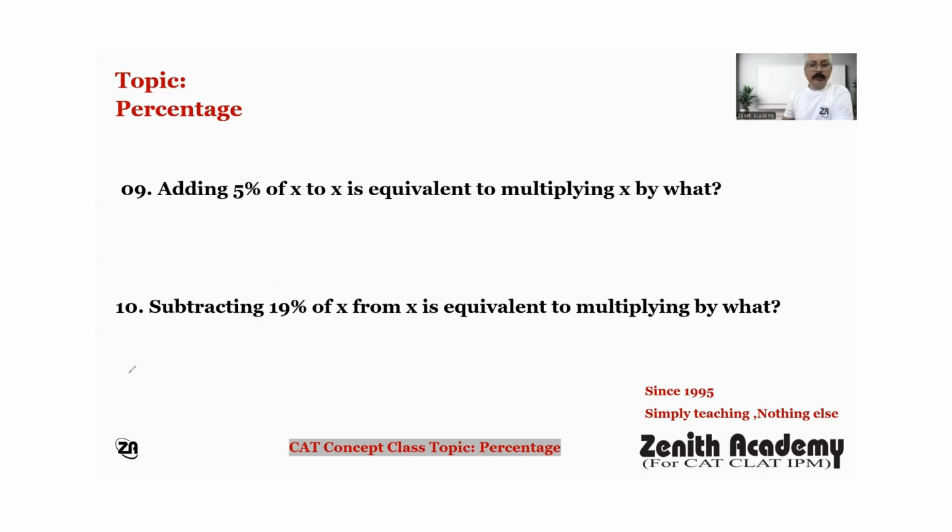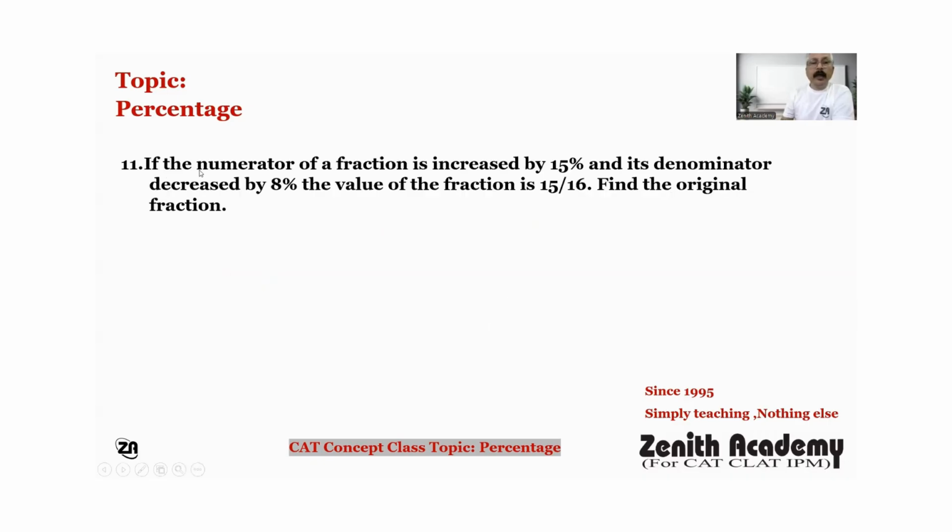Now see the next. If the numerator of a fraction is increased by 15% and its denominator is decreased by 8%, the value of the fraction is 15 by 16. Find the original fraction. Suppose the original fraction is n by d. Now the numerator is increased by 15%, so the new numerator will be 115% of the original one.